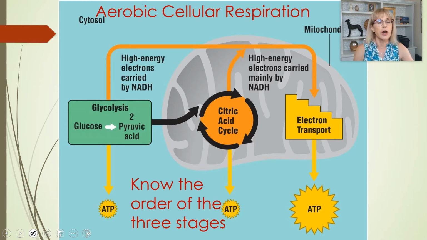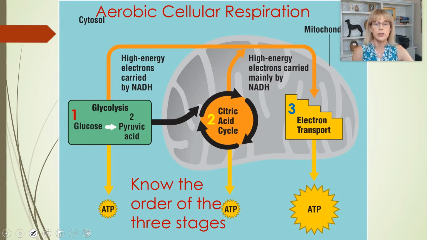Now, next thing you need to know is the order of the three stages. What is stage 1? Stage 1 is glycolysis. What is stage 2? Stage 2 is the citric acid cycle, or the Krebs cycle. Stage 3 is the electron transport chain. Next thing you need to know, glycolysis happens outside of the mitochondrion and does not need oxygen.